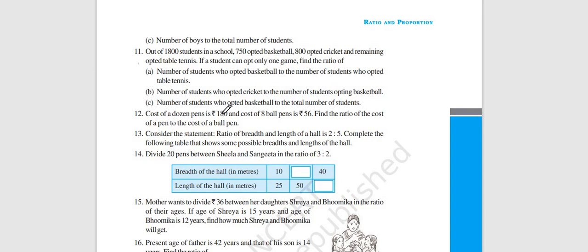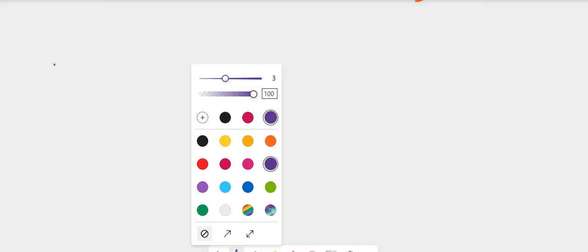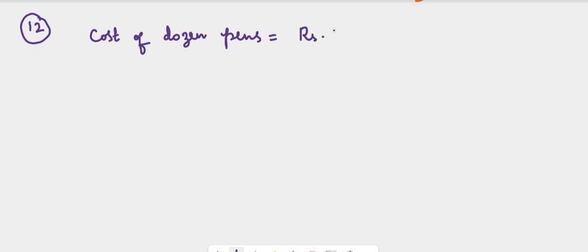So what is given? Cost of dozen pens, dozen means 12 pens cost given. From that you have to determine cost of one pen. Next, cost of 8 ball pens given, that is 56 rupees. From that you have to calculate the cost of one ball pen. Question number 12. Cost of dozen pens is equal to 180 rupees.